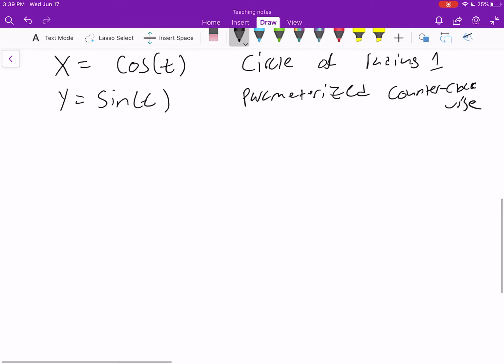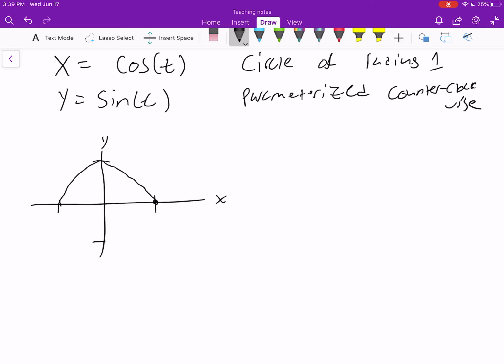What I mean by parameterized counterclockwise is, if you start plugging in values of t and getting x and y points, it would start here, and as it drew out, it would draw out in this direction. It would be more circular than what I'm drawing, but these curves have a direction, and this one is counterclockwise, and I've drawn it correctly this time.